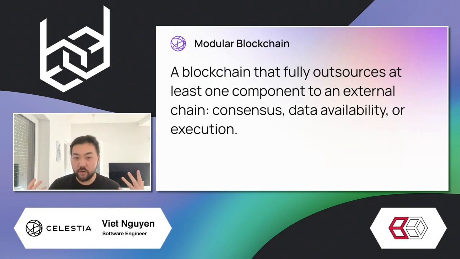That's why we don't do execution. We don't have any smart contracts or whatsoever in this blockchain. We are modular. The same goes for Arbitrum, OP Stack, Optimism, ZK-Sync, Fuel, etc. All of them are also modular blockchains because they are heavily focused on the execution part of it.